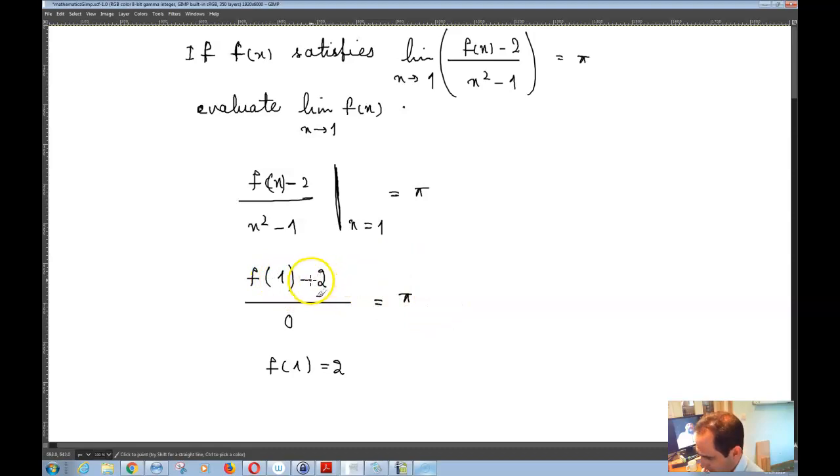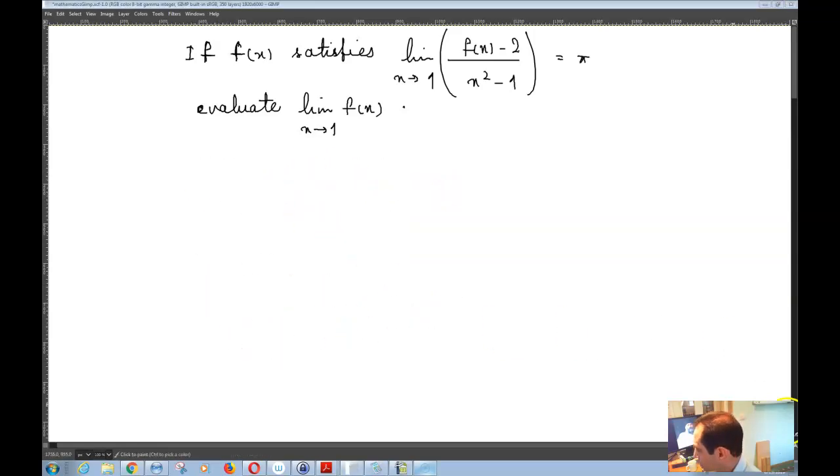So, of course, you're not supposed to divide by 0. If I set x equal to 1 here, I would be dividing by 0, which is not very nice.